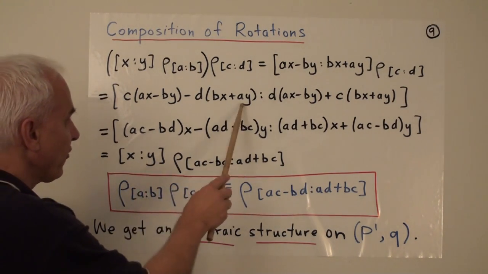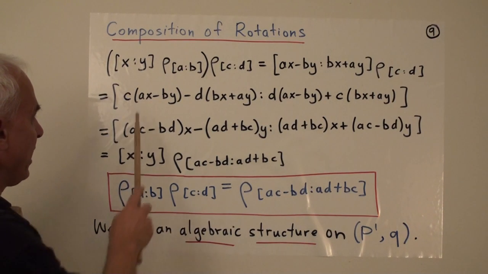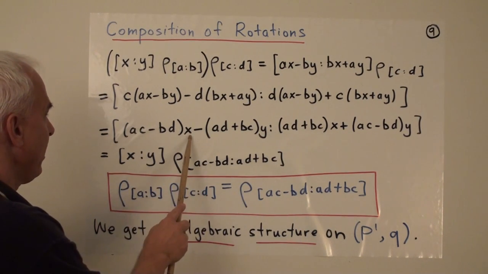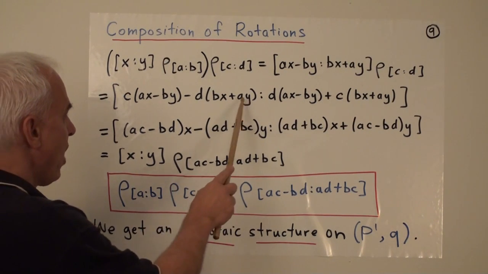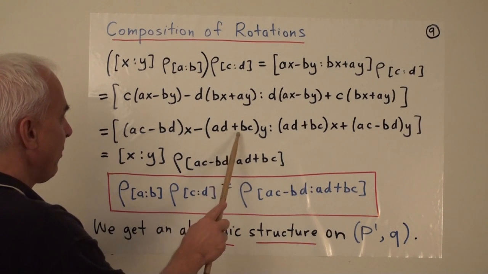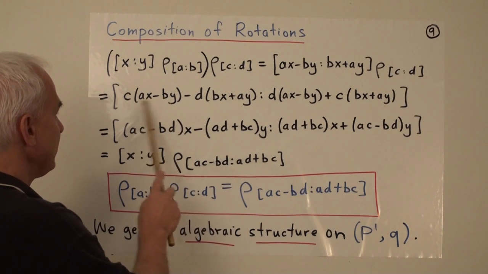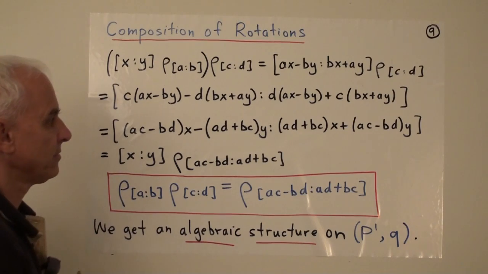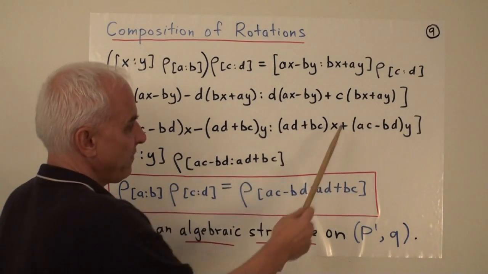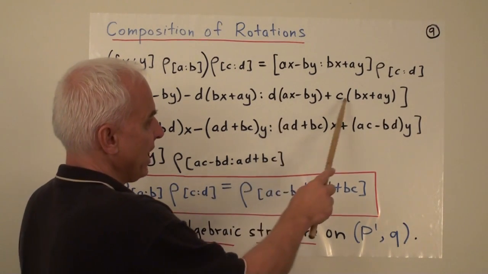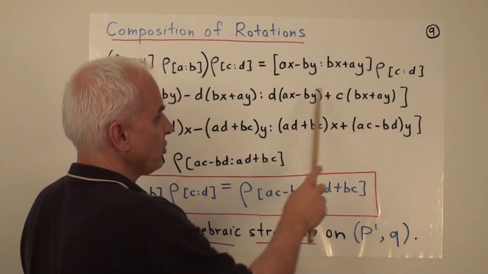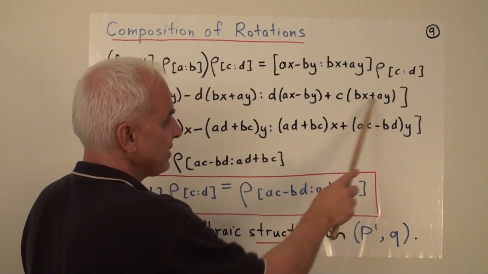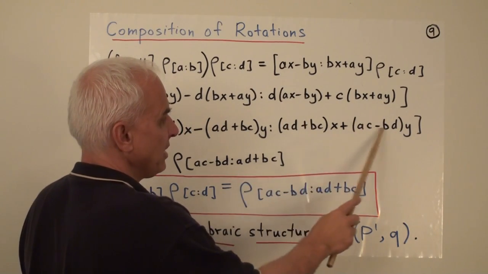Okay, and then you stare at this, and you see that the x's have coefficient ac minus bd, and the y's on this side have coefficient altogether minus ad plus bc. There's a bc there with a minus sign, so that's all right. And over here, if we factor out the x, there's an x times ad here and plus bc there. And the y terms, there's a plus ac from there and a minus bd from there.